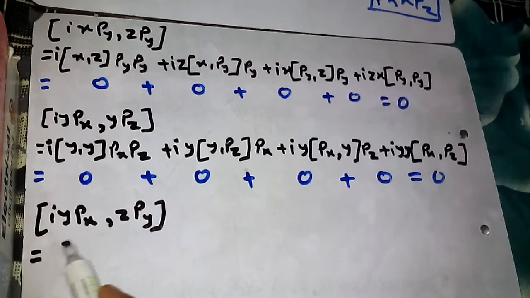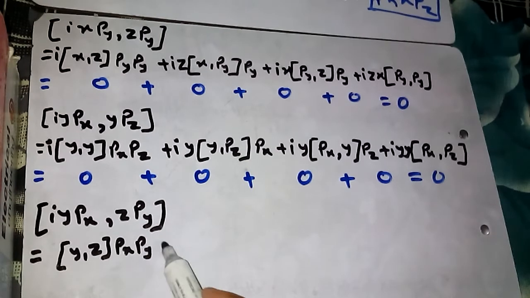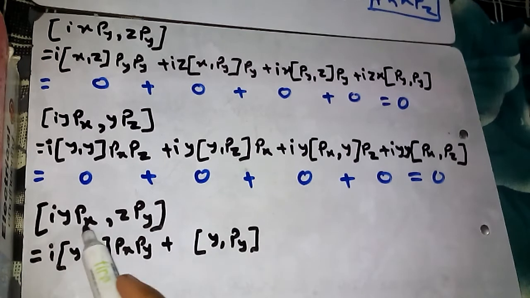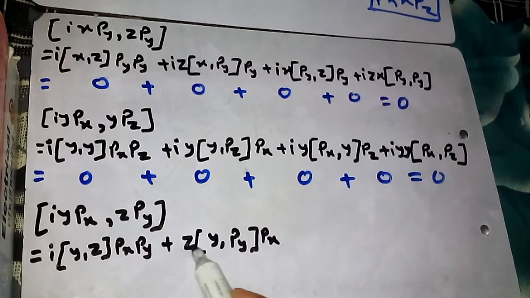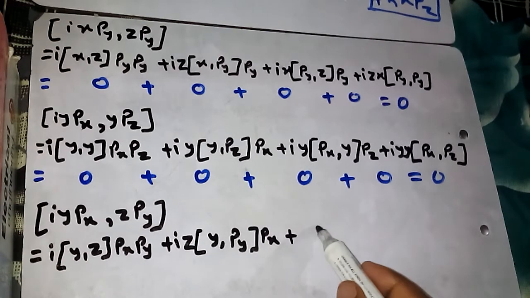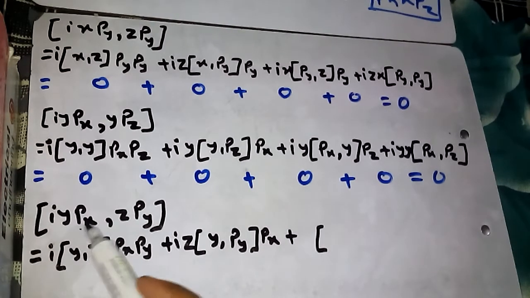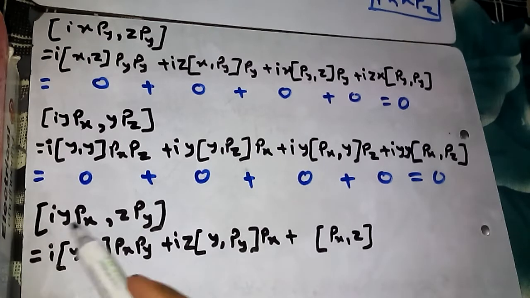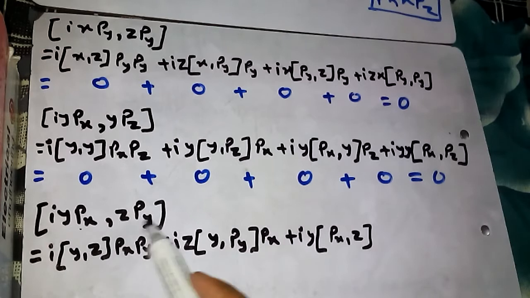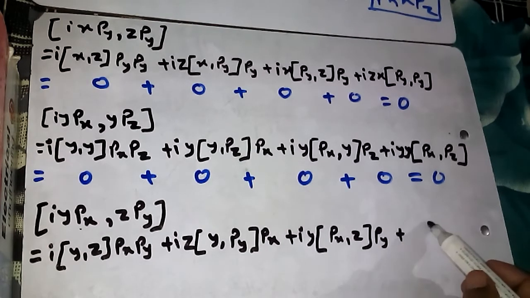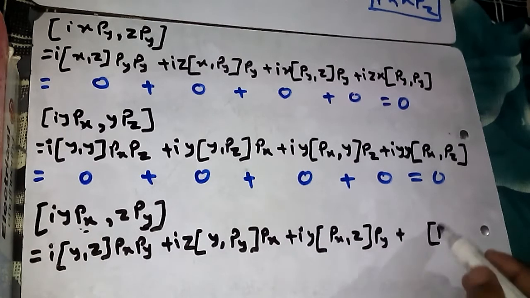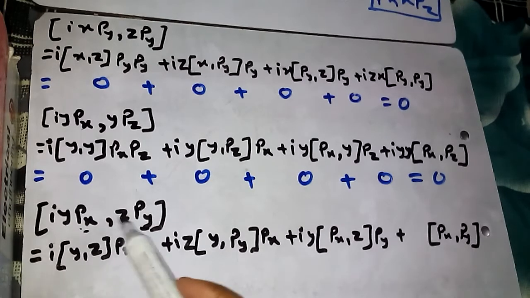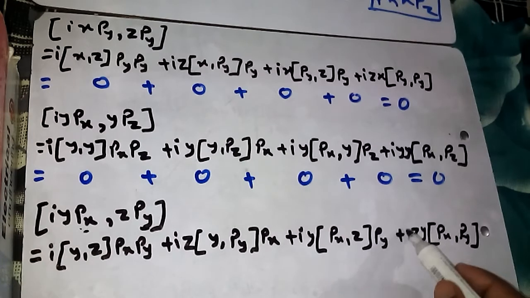So this can be given as the commutation of y and z, with px and py coming outside, plus i also comes outside, the commutation of y and py, this px comes this side and this z comes this side and i also comes outside, plus the commutation of px and z, this y comes this side and i also, and this py comes this side, plus the commutation of px and py, and this z and y come outside, first z and then y, and i also.